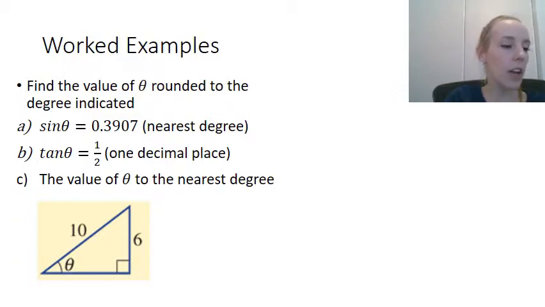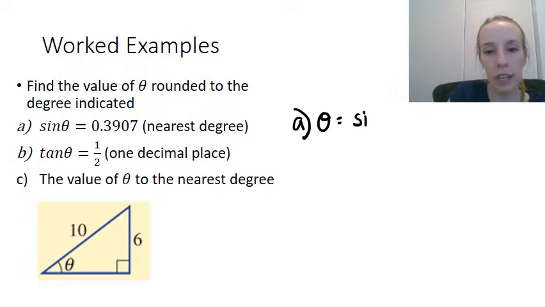If we are using our calculators, I'll show you how to get the inverse of each of these operations. We're going to rearrange for A to work out the angle, so the angle will equal the inverse of sine.